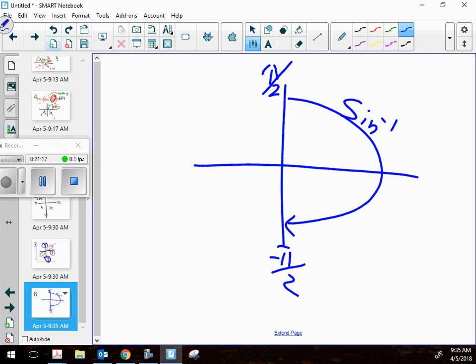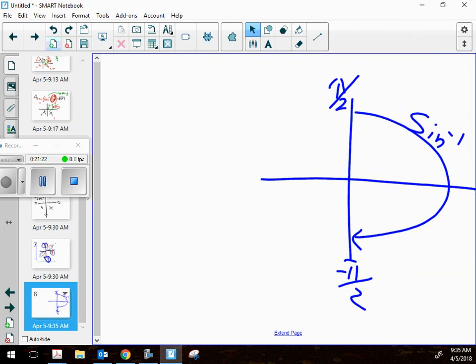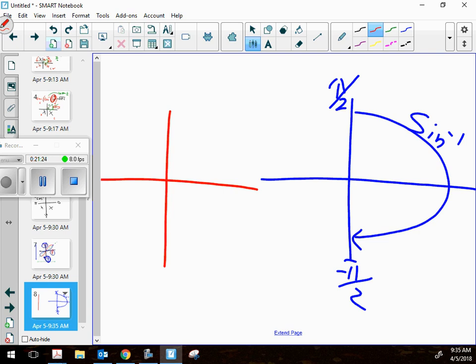Inverse sine's only allowed between those two because if I move back to the one I just showed you a second ago, here's where sine is. What did sine go between? It went between 1 and negative 1 and between pi over 2 and what was that spot? Negative pi over 2. That's why we have to limit between negative pi over 2 to pi over 2.